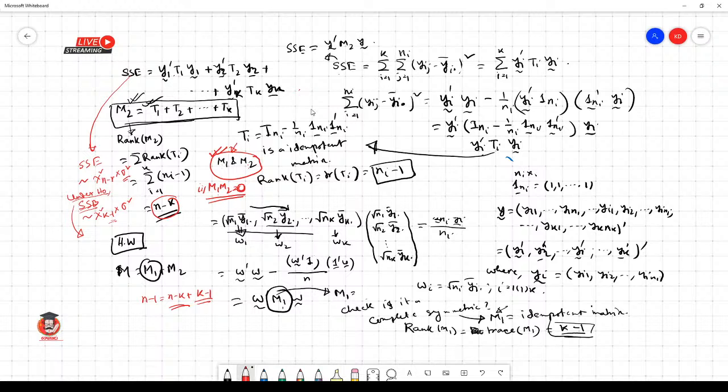Suppose you find M1, M2, up to Mk, and you can easily see that the Mi's are idempotent matrices, then automatically conditions 2 and 3 follow, and using the result of the multivariate normal distribution, you can find the distribution of different quadratic forms. Okay, this is the utility of Cochran's theorem. So please tell me if you have any question or query.